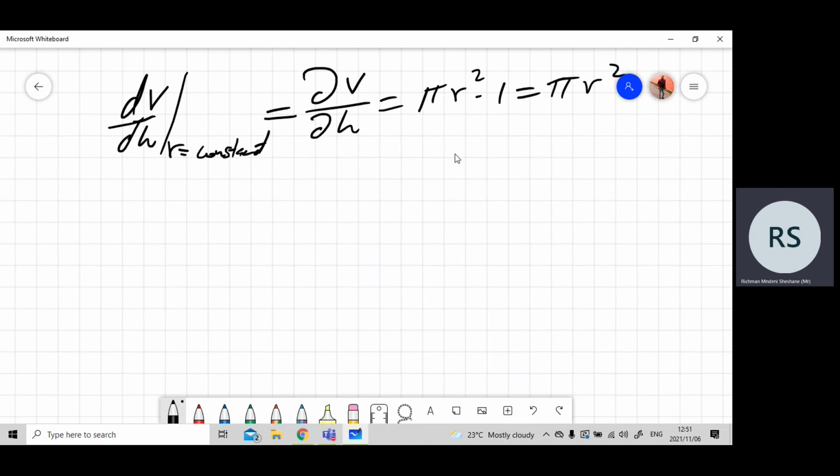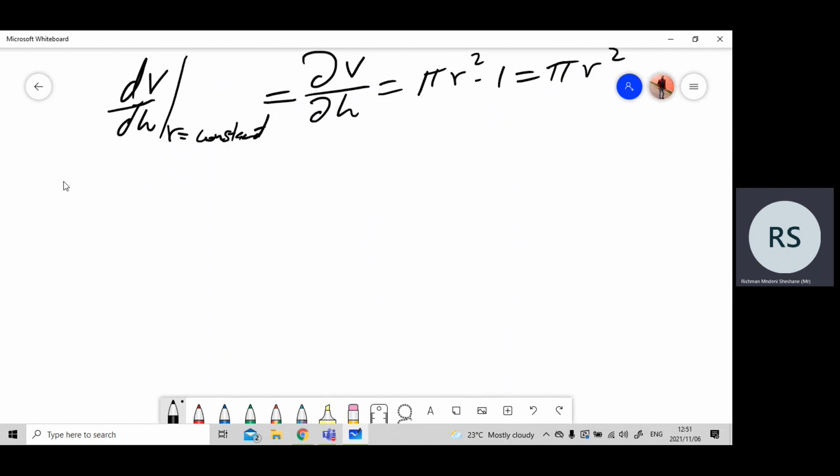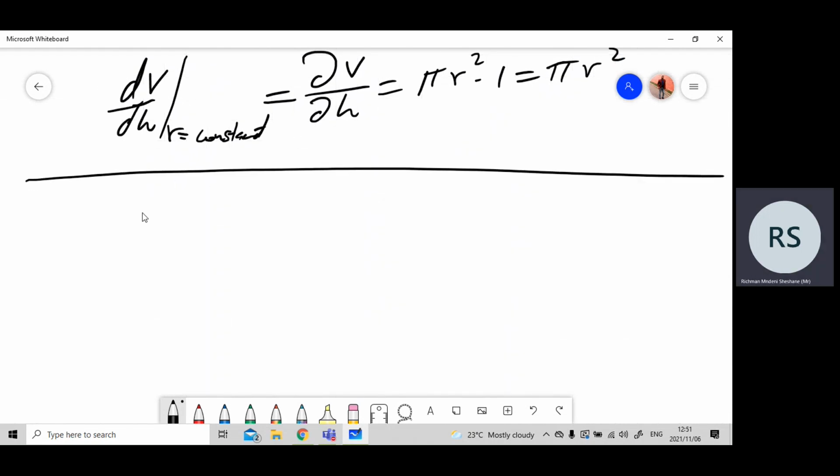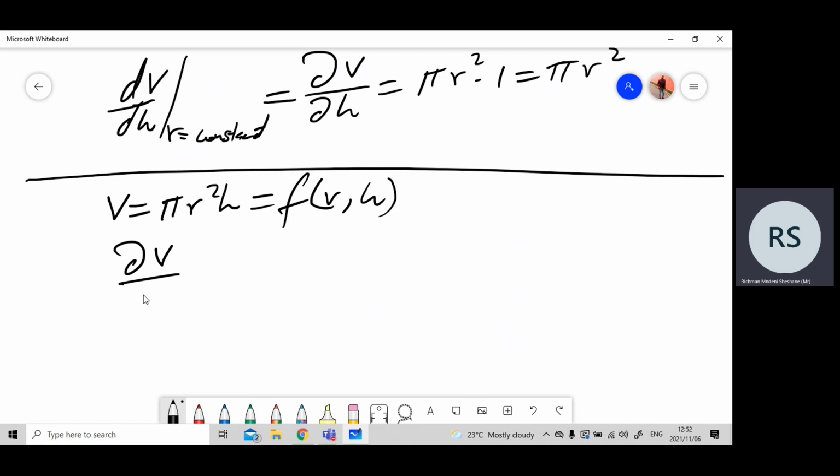So let me rewrite this. So let's say if you have a function, let's say v, a volume, is pi r squared times h. If you have two variables, there will be two partial derivatives. The first one, because this is a function of r and h. So the first derivative, which is a partial derivative of v with respect to the first variable, which is r, we found that we're deriving r while we treat h as a constant.